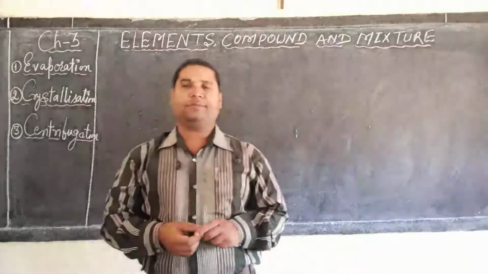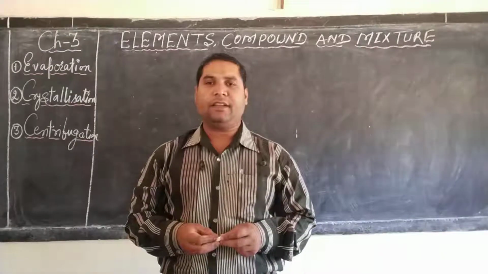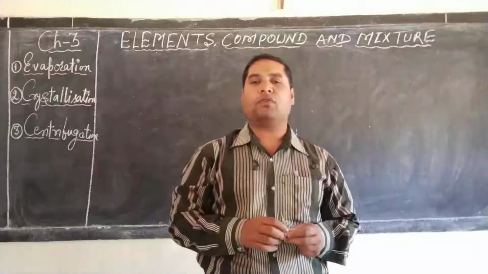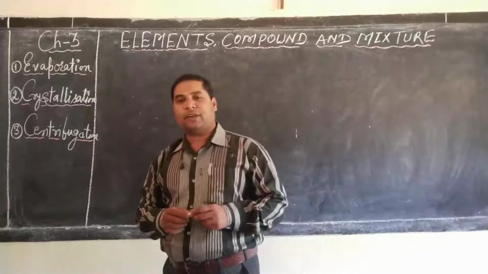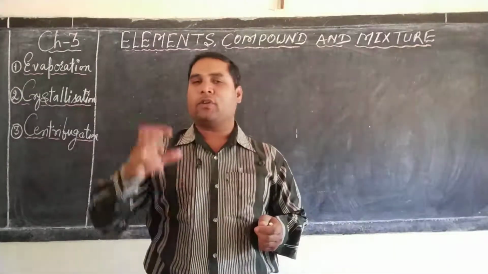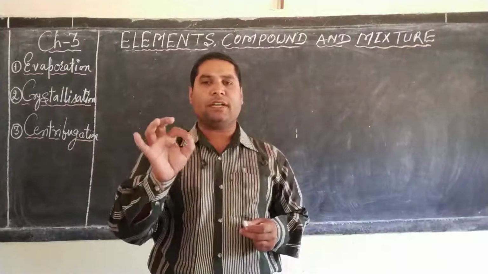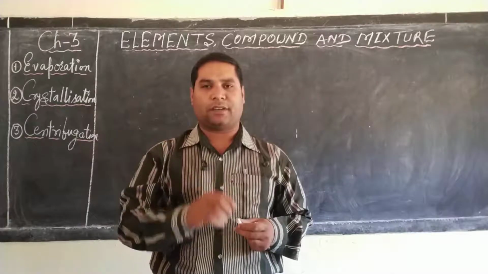Morning, Chapter 7. I am going to continue Chapter 3, Elements, Compound and Mixture. Dear student, in this video I am going to explain a few important methods to separate a solid and liquid mixture.